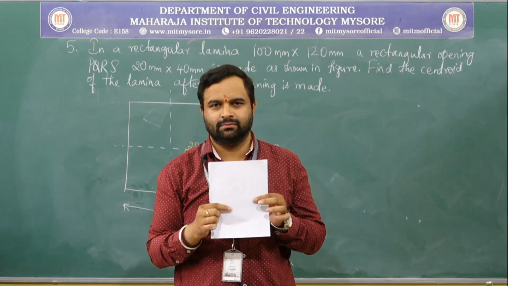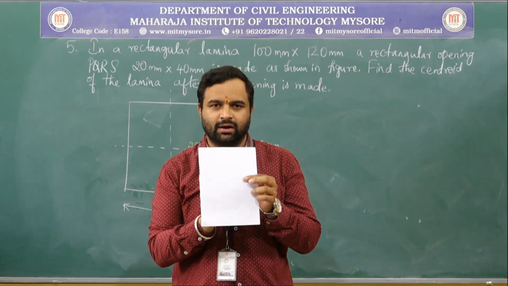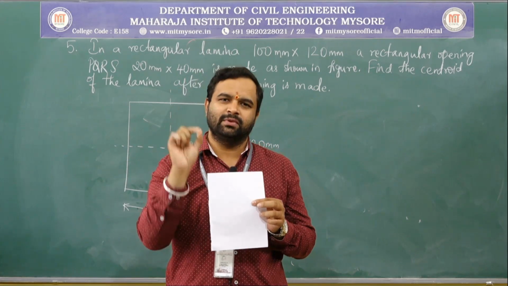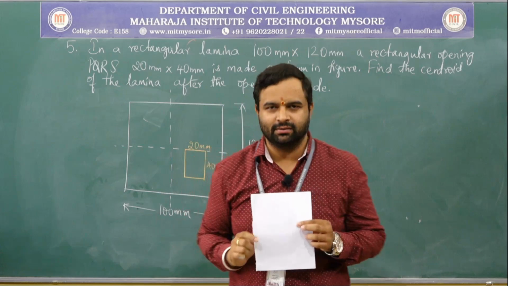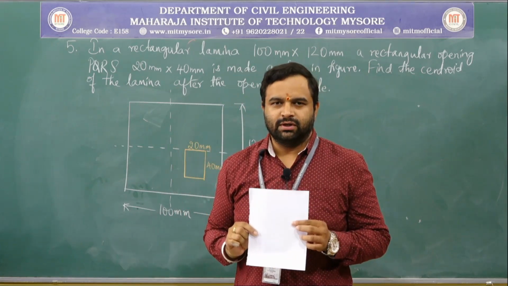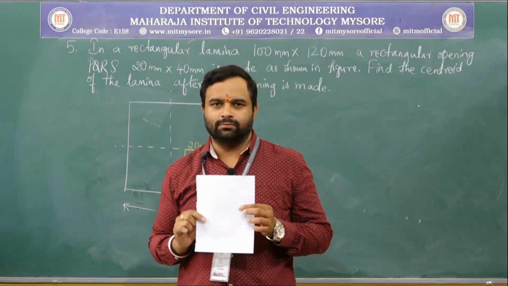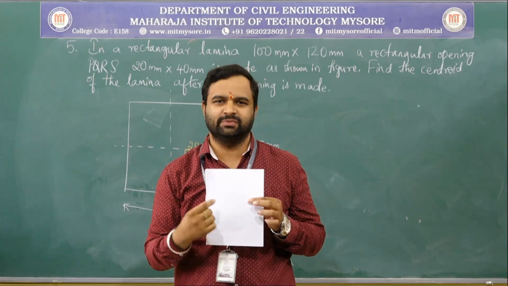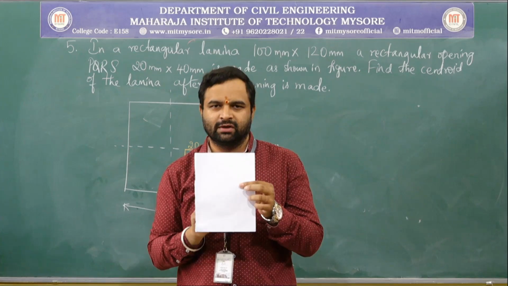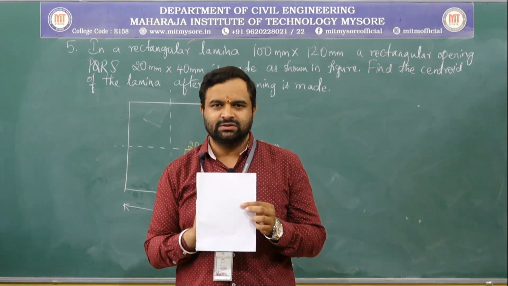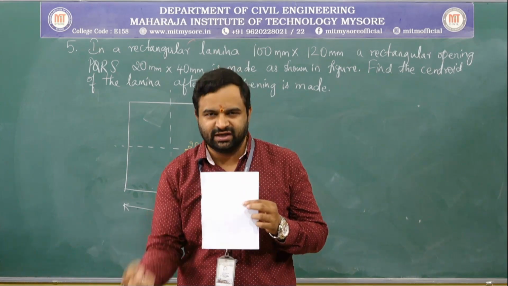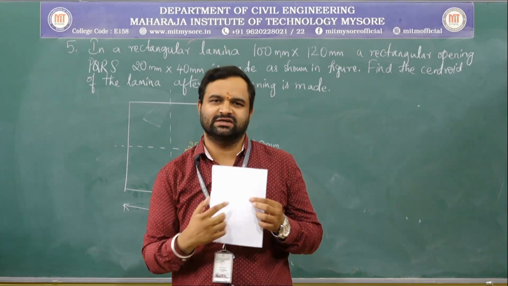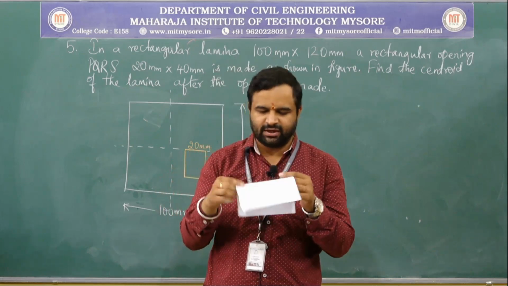That is my question. If I cut a part of this rectangle, will the centroid be located in the same point? Okay. So, the answer is no. The centroid position will obviously change because there is an opening made. That means you have to deduct its area. You have to remove the area of the cut section. Okay. So, let me cut the section.